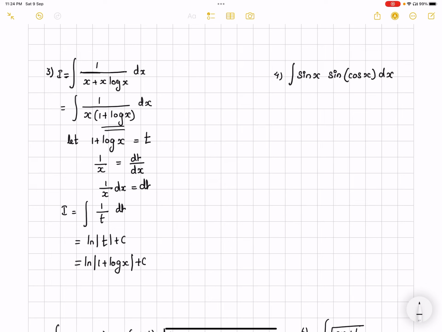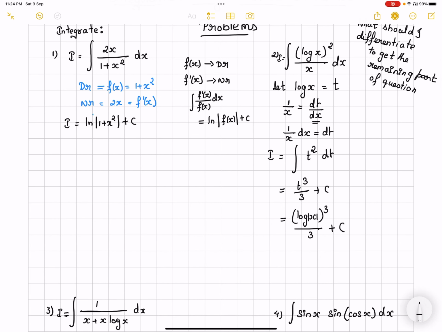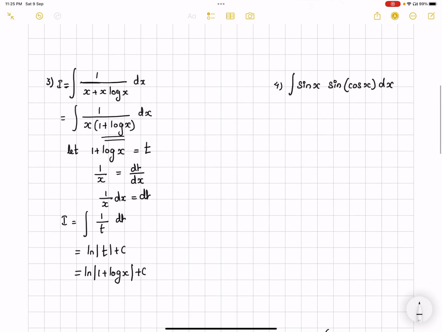Mostly, 99% it works, based on the problems I have solved and faced till now. You can also give it a try, but if it doesn't work, we have to think in another way. Here, the log x within the bracket, when I consider that as t, it works. So now let's go on with the fourth one.